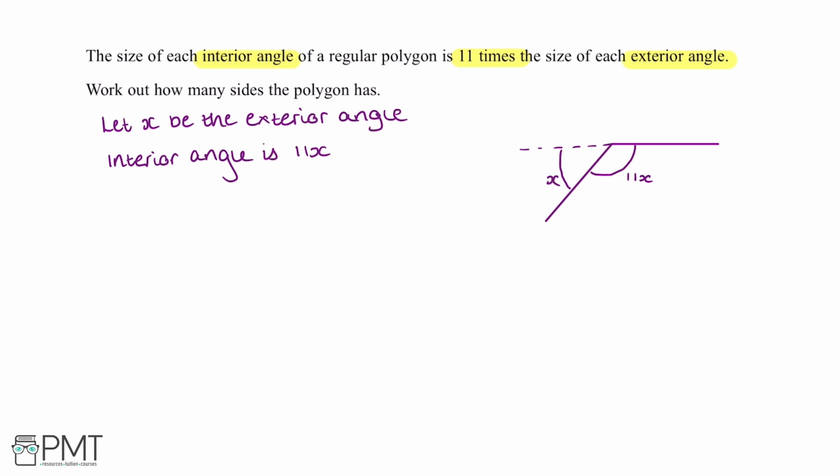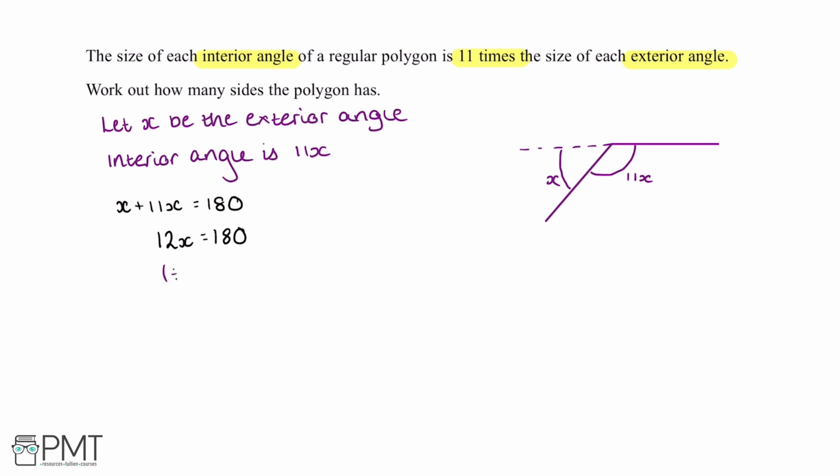So now because this dotted line and side length add up to 180 degrees, then this means that the exterior angle and the interior angle will add up to 180 degrees. And therefore x plus 11x equals 180. So therefore 12x equals 180.